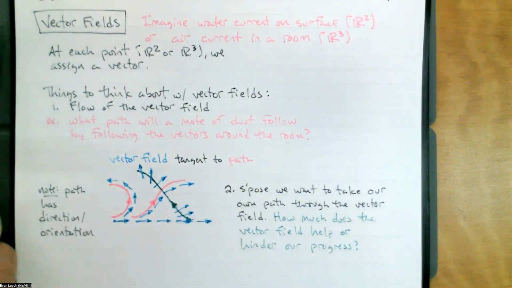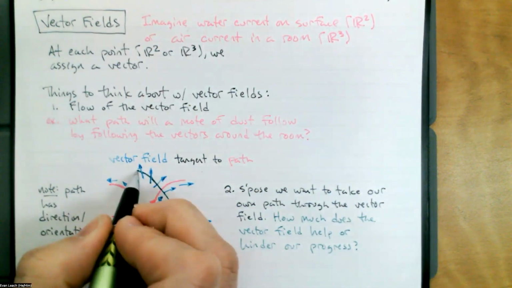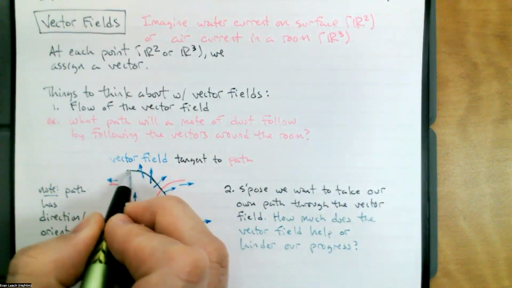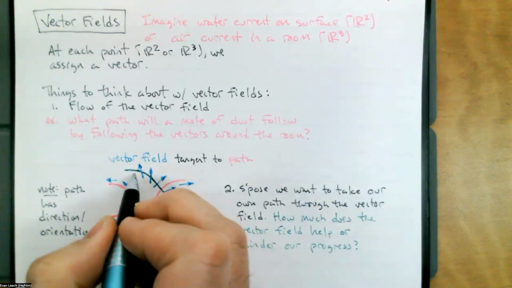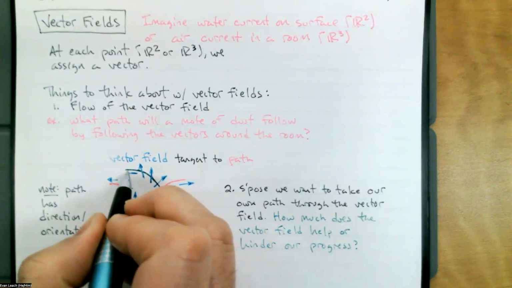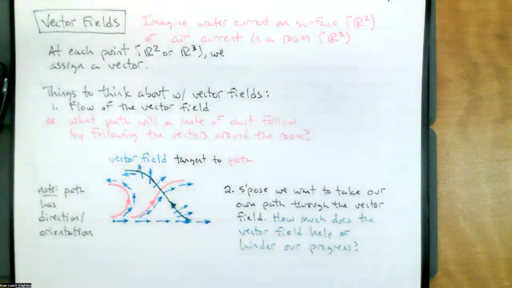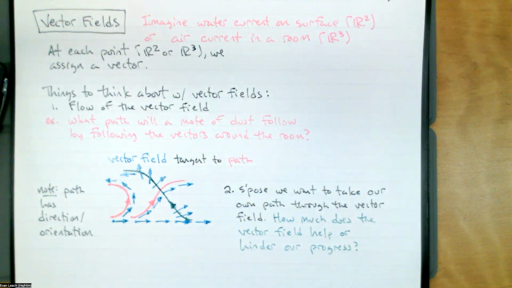But when we get to this point in the vector field, on the path that we want to take, we're more in line, we're more going with the flow of the vector field. And we want to calculate how much of this is happening. How much is the vector field helping us or hindering us as we make this path?